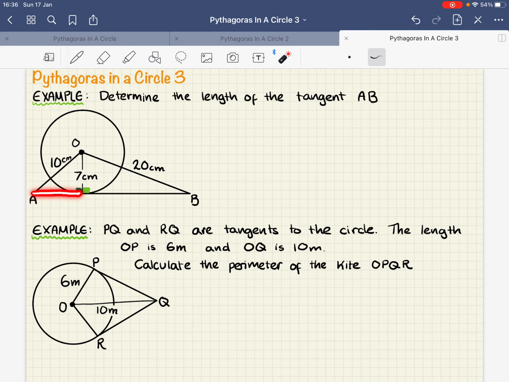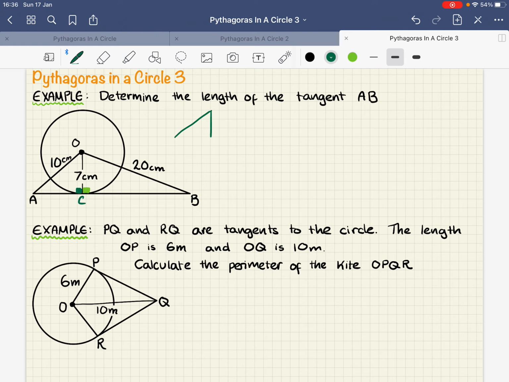So I'll find out this length, then this length, and then I can add it together for my total length. So I'm going to add in a new letter. I'm just going to call this M because that's sort of like where I'm cutting it. Actually, let's go with C because I used the word cut. So that's why I'm sort of cutting it up. So let's first do the angle AOC.